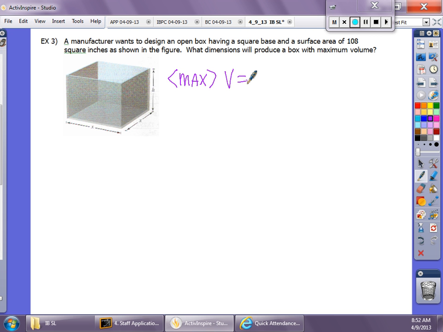I said how to find the surface area. So for this one, there are 5 surfaces. Let's start with the bottom surface. It happens to be a square. And then there's 4 other sides where every single one of them, the base is x and the height is h. Therefore, there's 4 of those. There are your 5 sides.